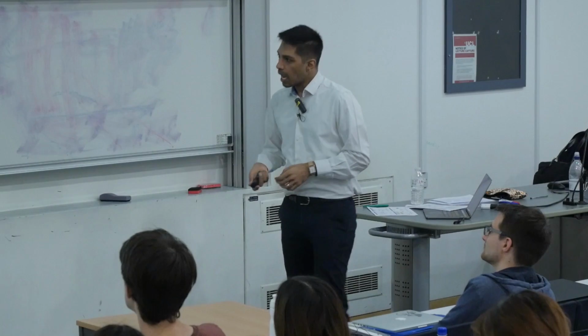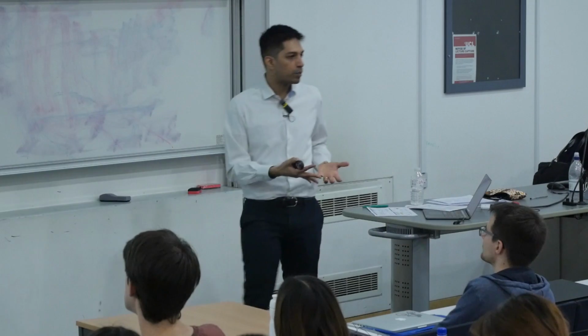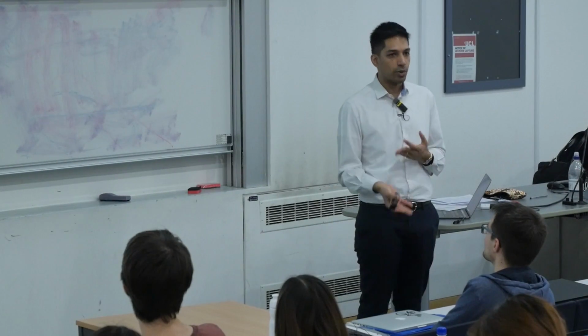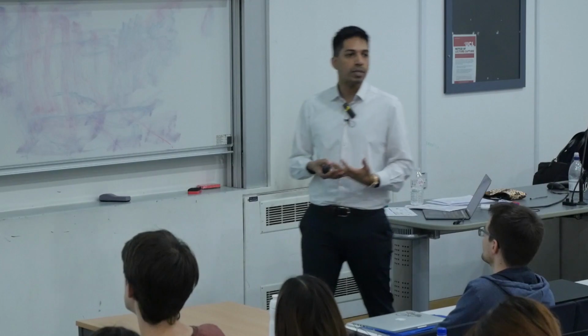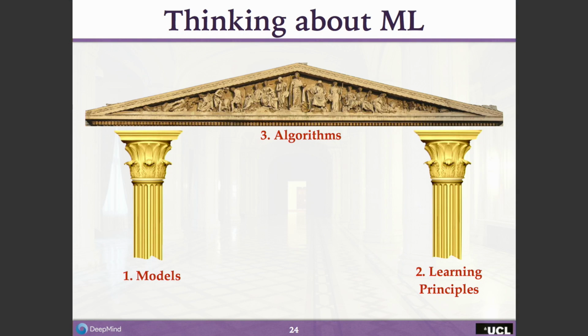I will always encourage people to think about machine learning as built up of 3 components. You have models, and models are the thing that you use to describe the world, to describe the data that you're actually dealing with, and to describe your problem. It will put all your domain knowledge, or the ways you think you should represent knowledge in the world, into your model. Now, you also have data which came from the problem that you're thinking about, and then we have learning principles. Learning principles are those things that connect the data that you have with the model that you have specified.